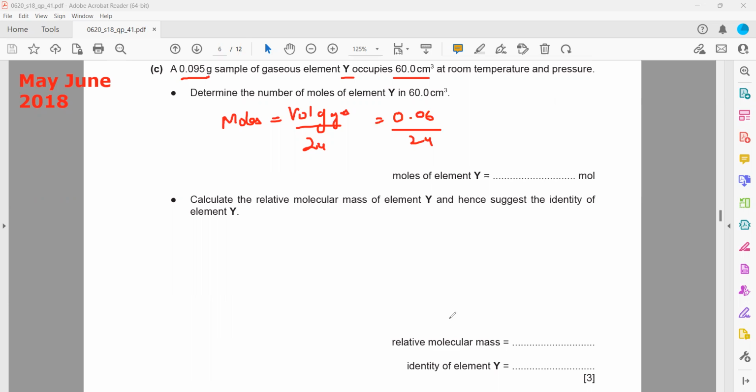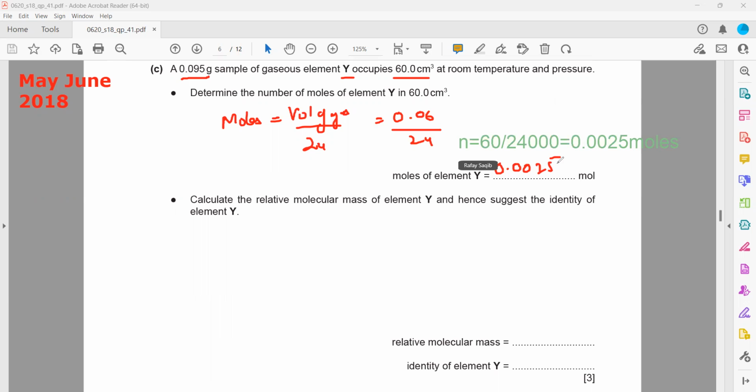What's the answer for moles of Y? It equals 2.5 multiplied by 10 to the power negative 3. Better to write in decimal, 0.0025.